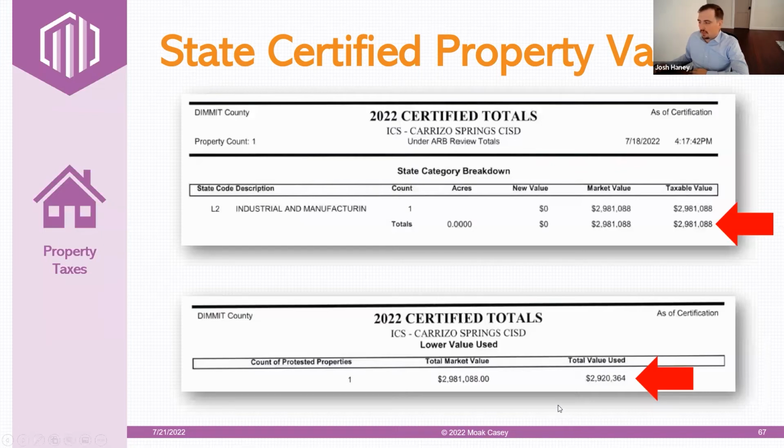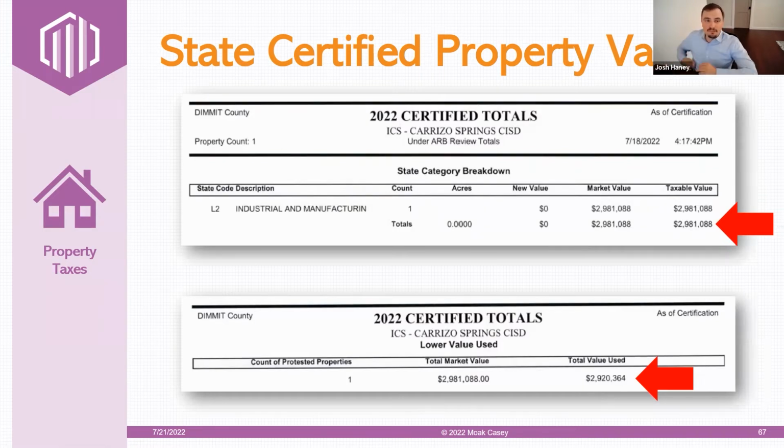Generally speaking, at this point, hopefully your CAD has a lot of these things already settled, right? So hopefully there's not a whole lot of protests out there, and not a big difference between your total taxable value for these under ARB review properties and this lower value used figure here.